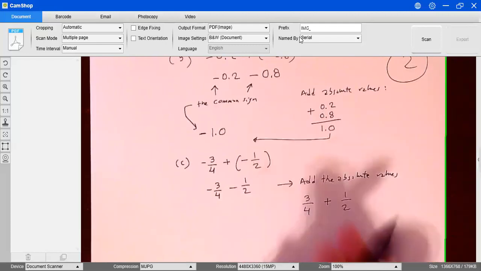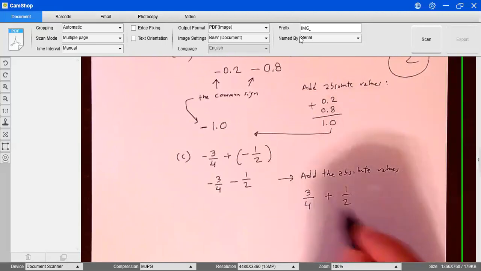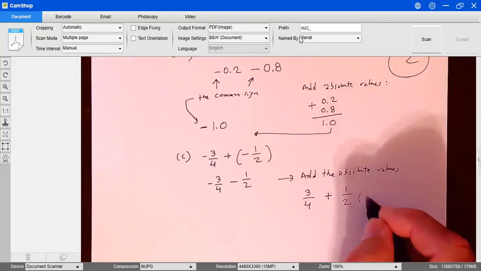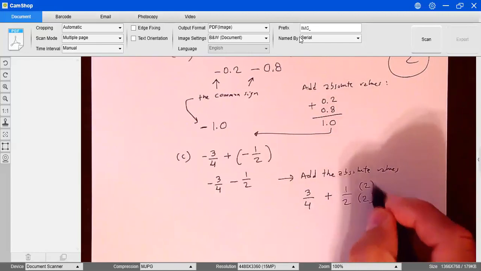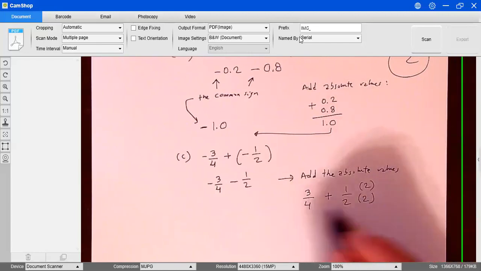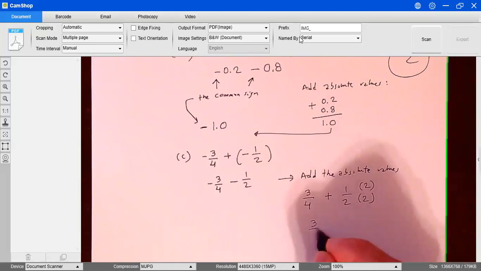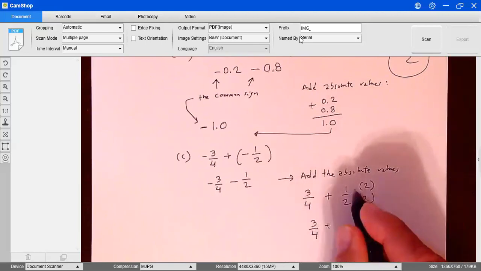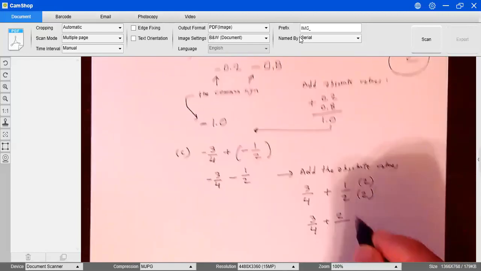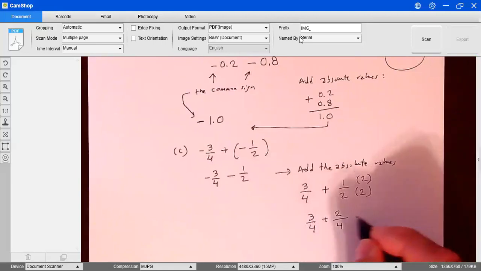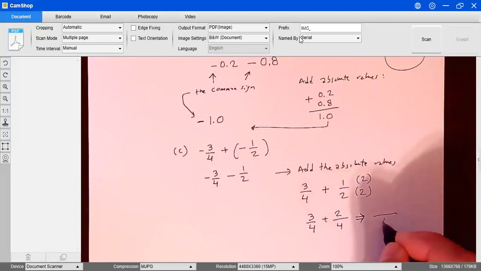So we're going to add these two. To do that, you just need to multiply the second fraction by 2 in order to get the same denominator. So 2 times 1 is 2, 2 times 2 is 4. Now we have the same denominator, so the common denominator is 4.